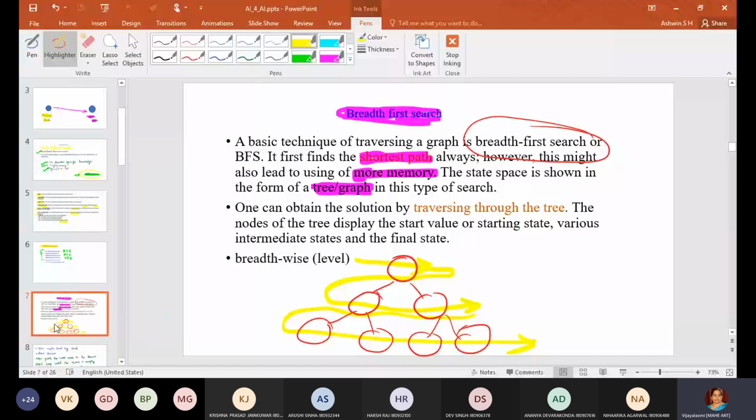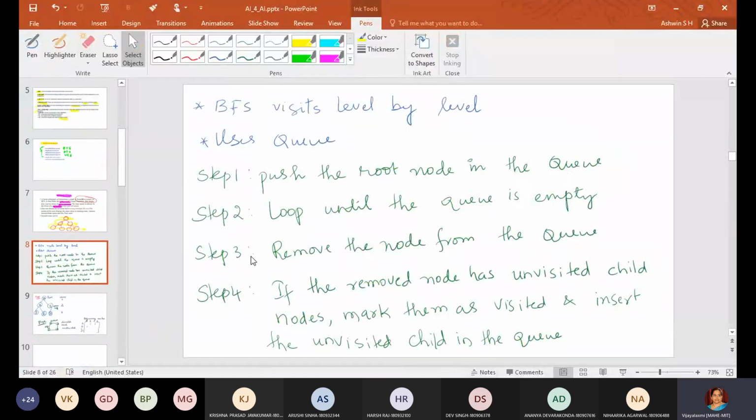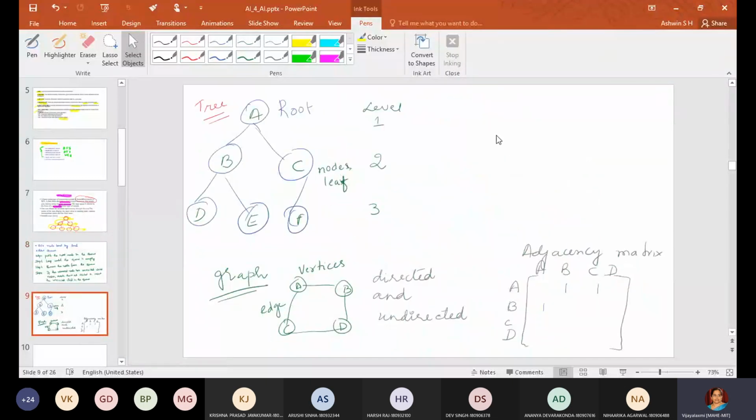I'll go to the next slide. Here I have just written the steps. But before that, I will just explain. Some of you may know about trees and graphs. I don't know how many of you know about trees and graphs, but for a basic understanding, I have put one slide here so that you will have the basic idea about trees and graphs.